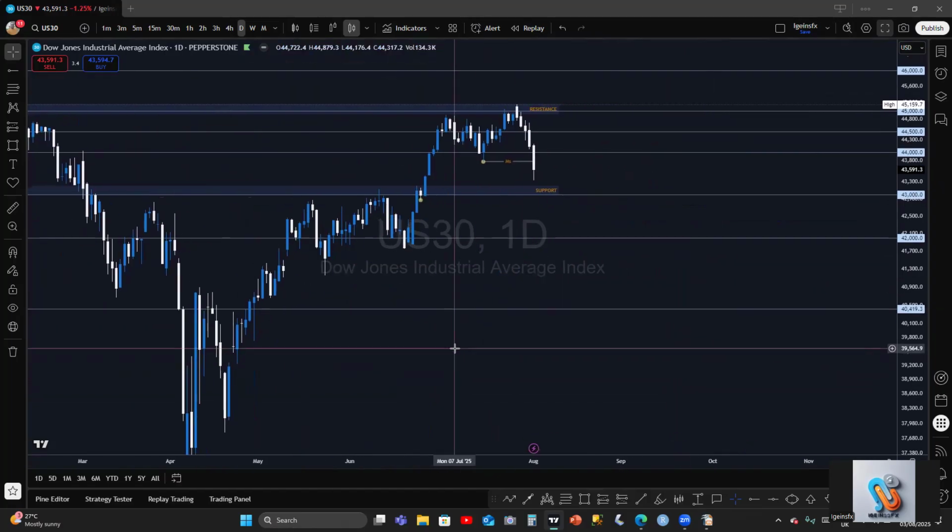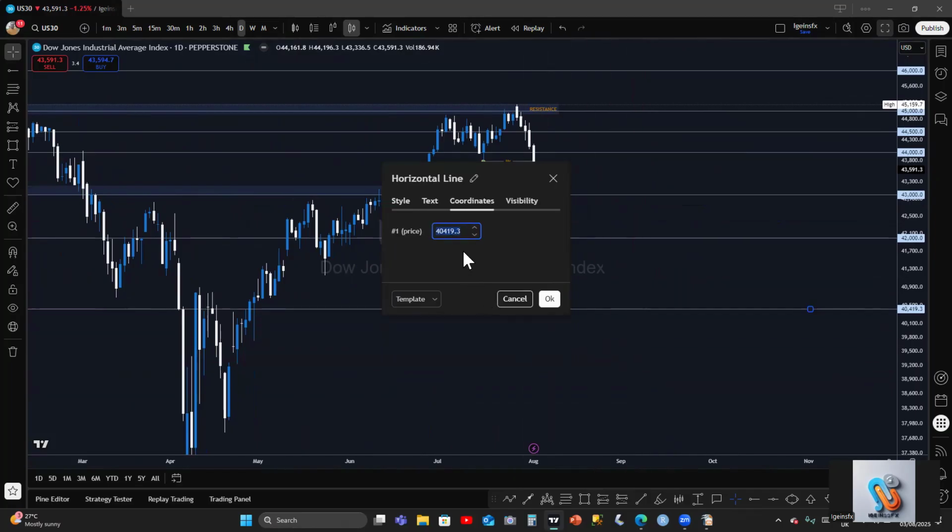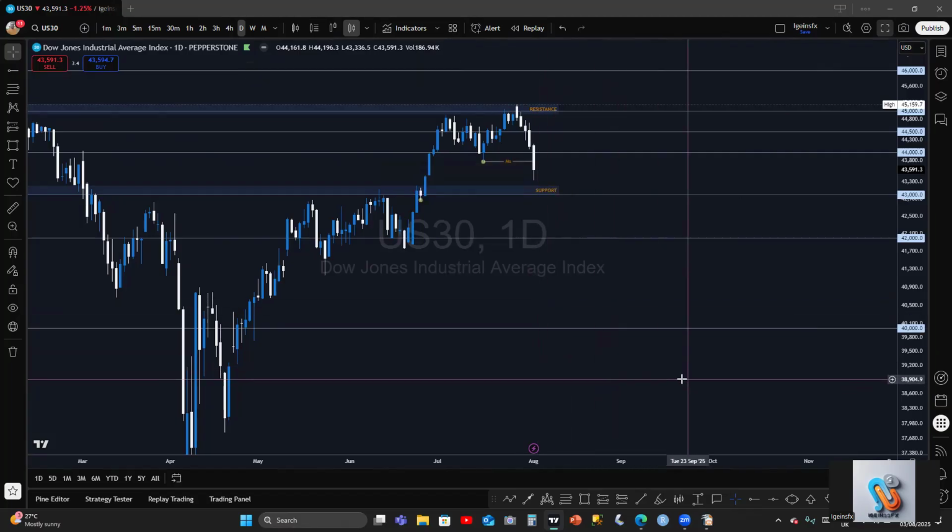Will this level hold? That is what we don't know. We need to wait for price to prove to us that the level will hold. If the level holds, it's all right.